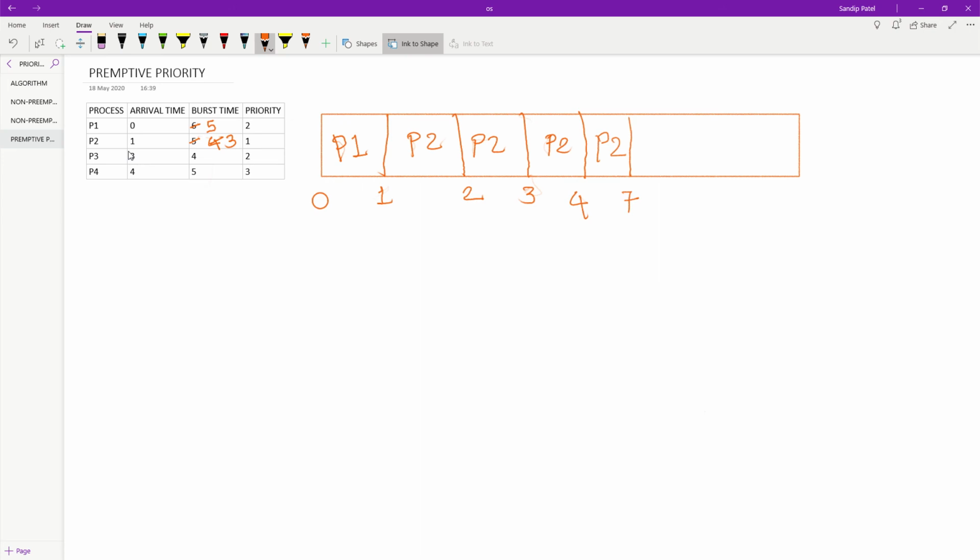P2 has completed here, and the remaining time is only 2, so 4 plus 2 is 6 here. Now this P2 has completed its execution.